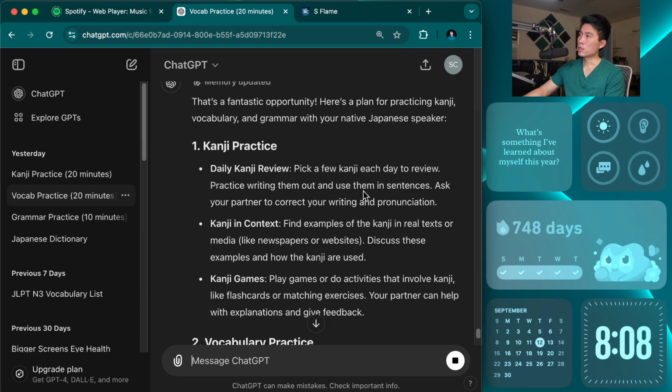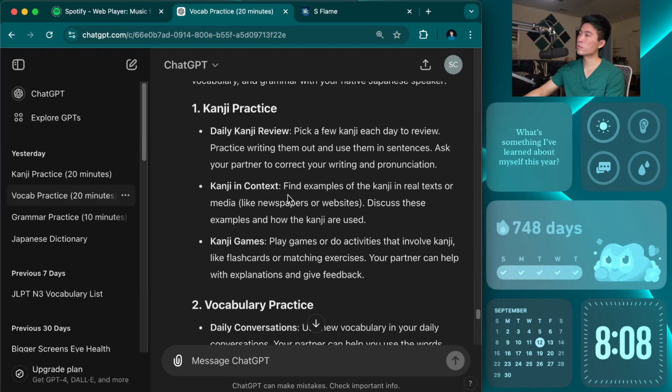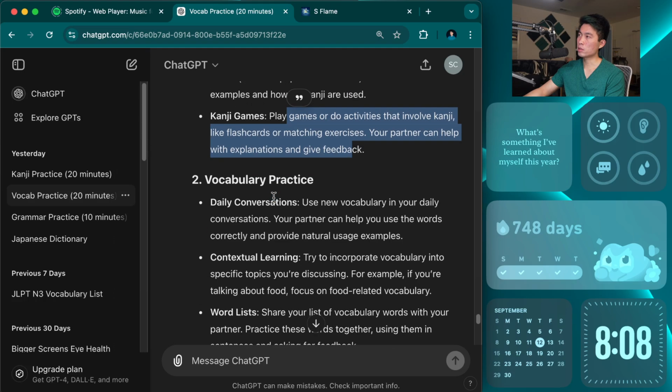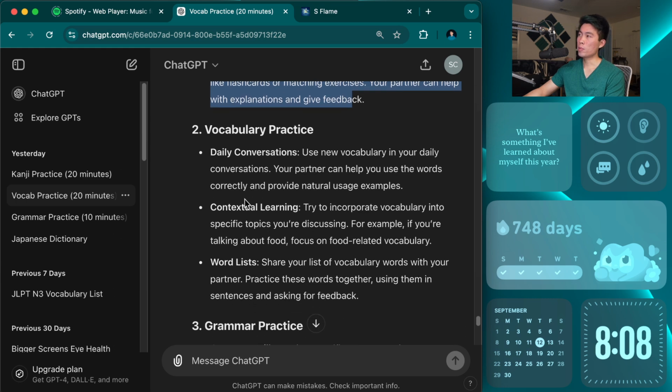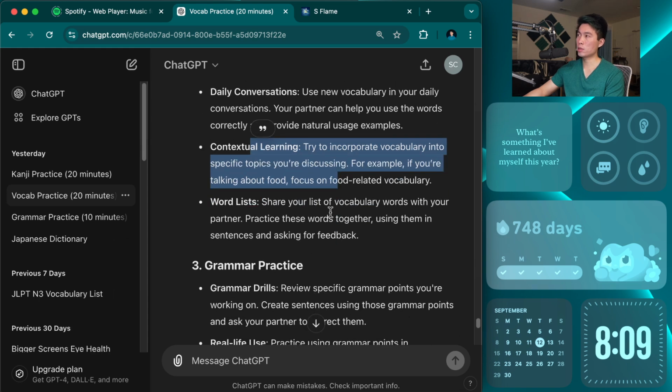Here's a plan for practicing kanji, vocab and grammar with your native Japanese speaker. Kanji practice, pick a few kanji, correct my writing and pronunciation, play games in Japanese. Okay, vocab practice, daily conversations, use new vocab in your conversations, contextual learning. Try to incorporate vocab into specific topics you're discussing.